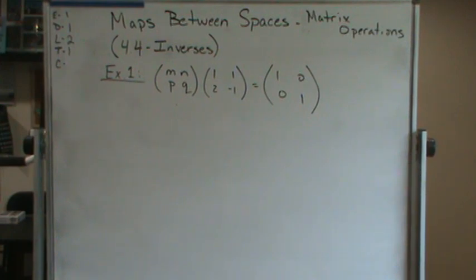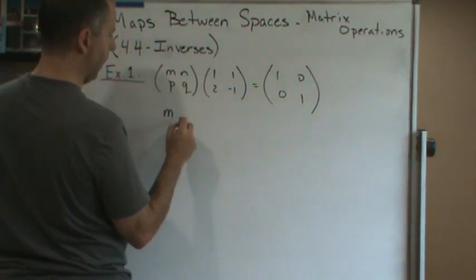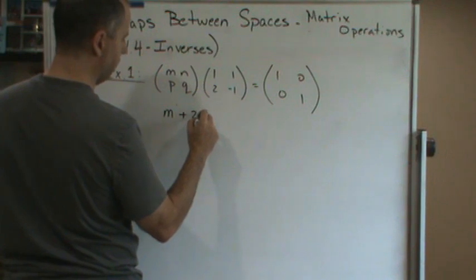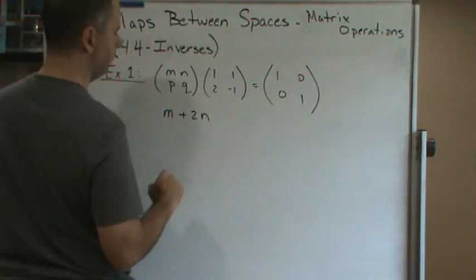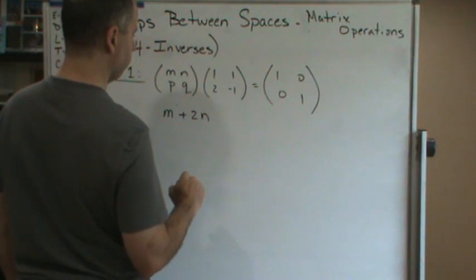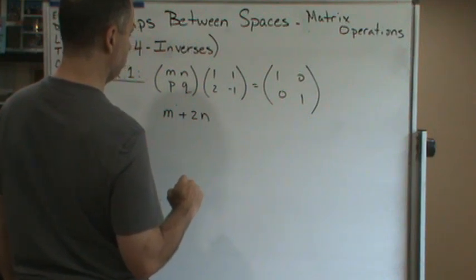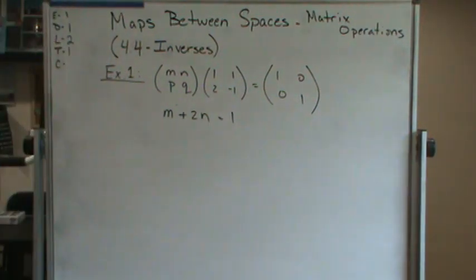And so here's what we get. We get m plus 2n equals 1.